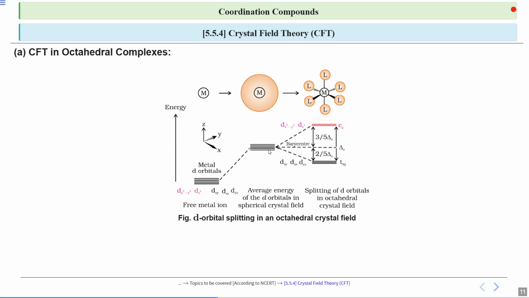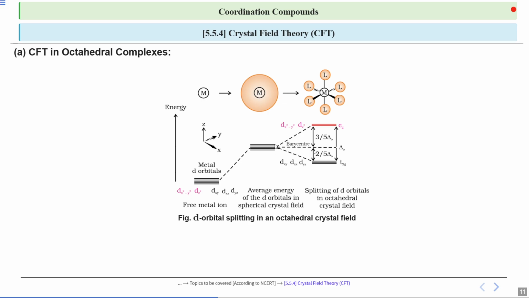The energy increases due to the ligands, because ligands are approaching and entering this symmetrical spherical field present around the metal. The average energy of the d orbitals in the spherical crystal field is maintained, but the energy is raised by some amount.